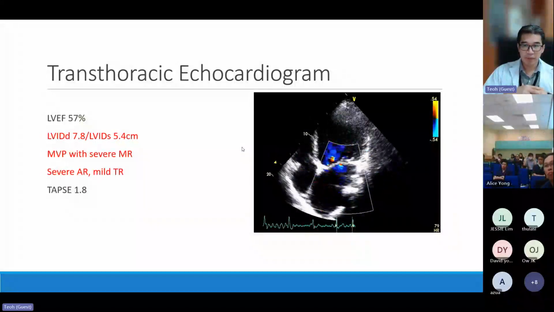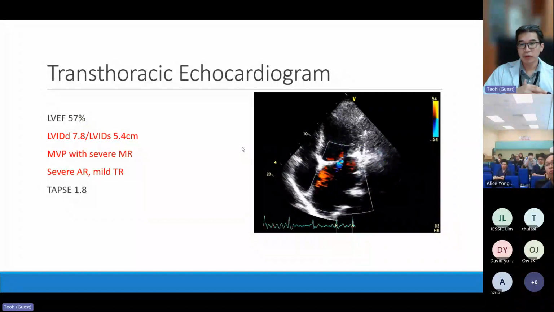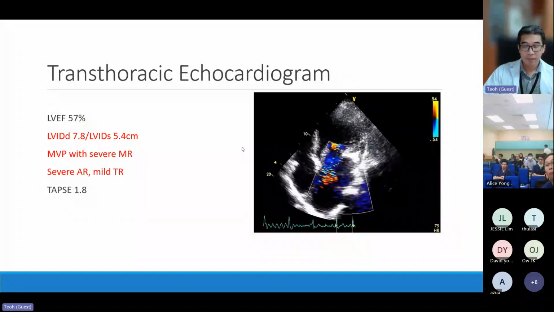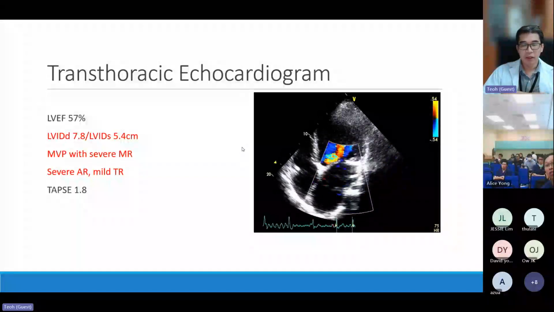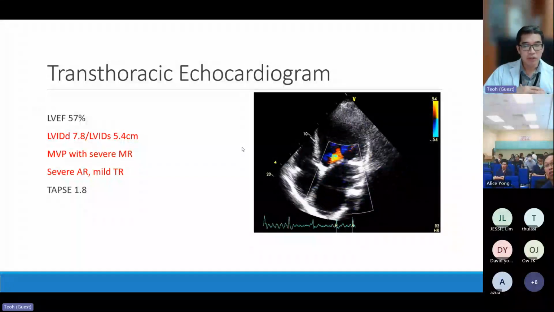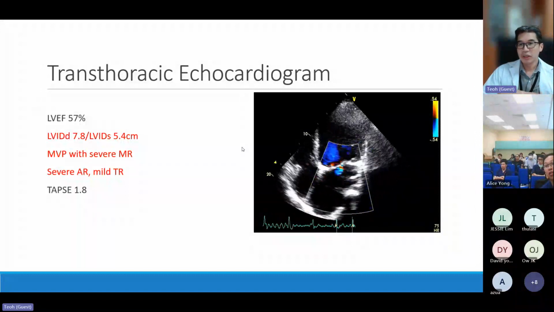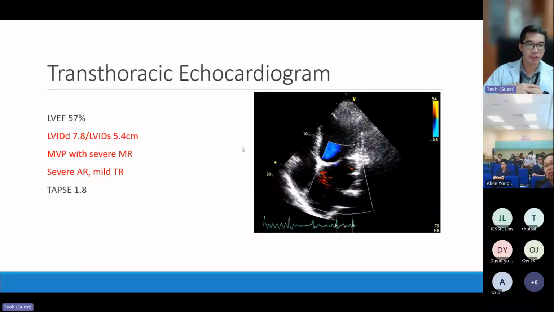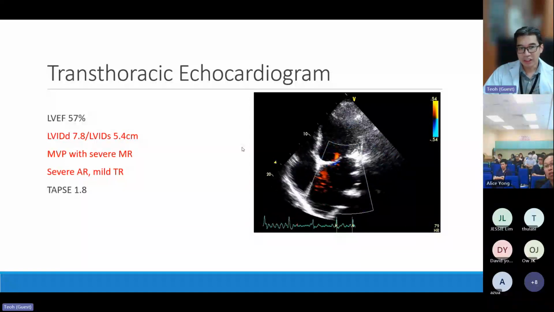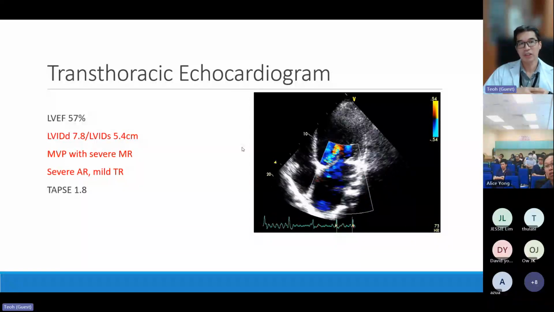So the echocardiogram, as you can see in the video on your right-hand side, the LA is significantly big, the left ventricle is big, and you can see there's a severe mitral regurgitation. This patient also has a severe aortic regurgitation. So basically we are dealing with valvular heart disease here.